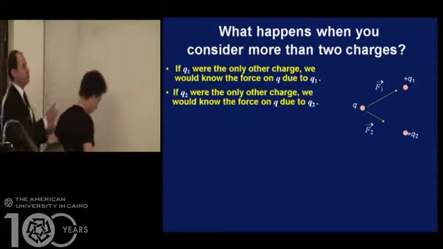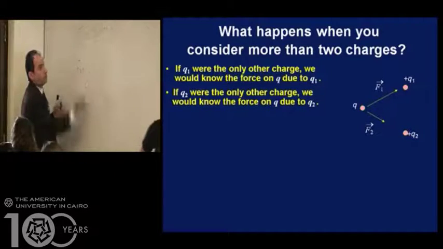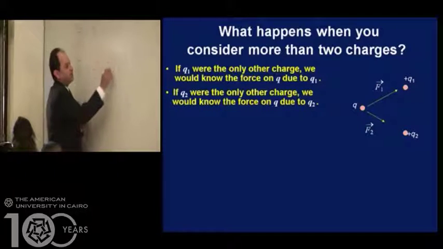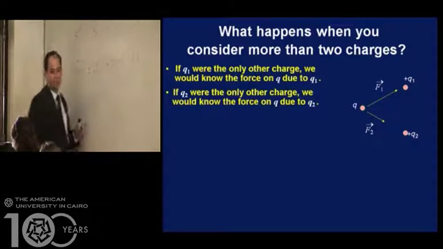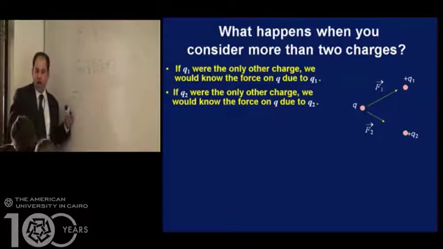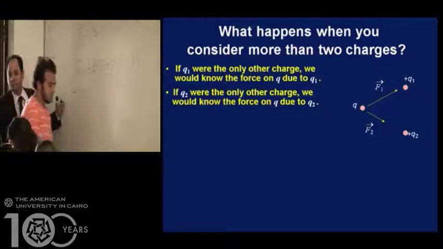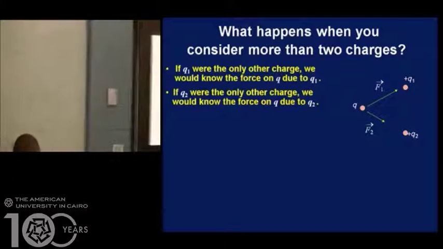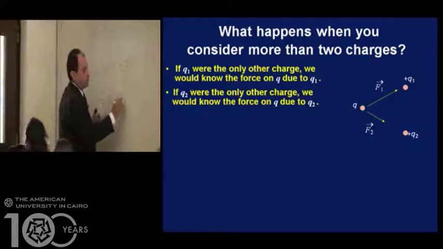And the force from Assam on Amr is going to be 2i plus 7j Newton. What is the resultant force? What is the total force on Amr? It's going to be 5i plus 12j.